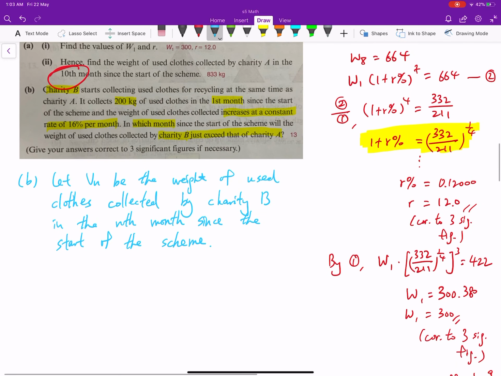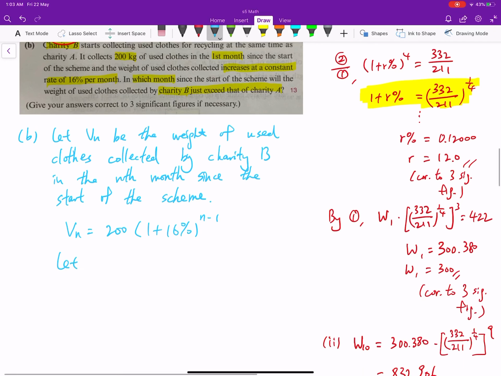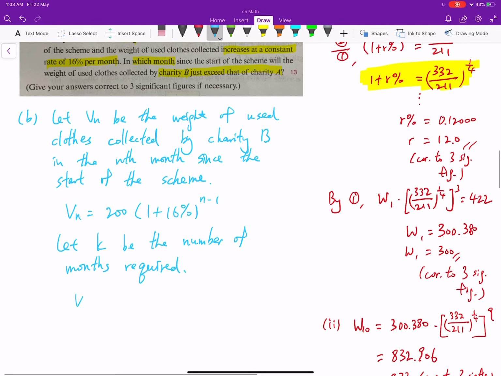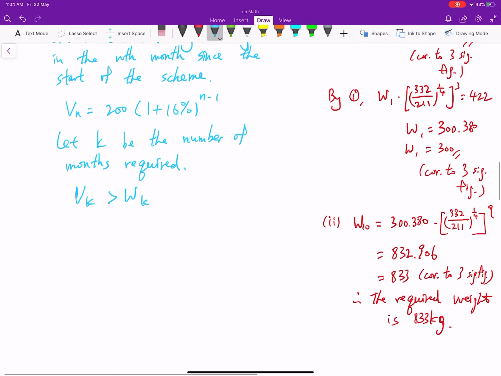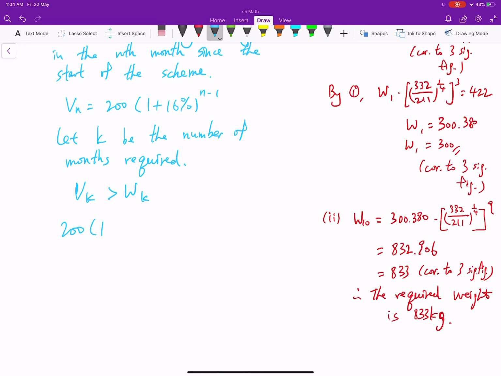Okay, so Vn, the first term is 200, and then the ratio is 1 plus 16%, and then n minus 1. Then we let k be the number of months required this time. So we need Vk greater than Wk. So we get this. 1 plus 16% means 1.16.